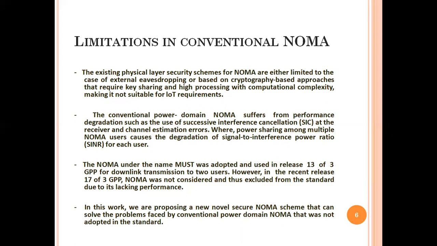The conventional NOMA was also adopted under the name MUST in release 13 of 3GPP for downlink transmission of two users. However, in the recent release 17 of 3GPP, NOMA was not considered and was excluded from the standard due to the lacking performance.